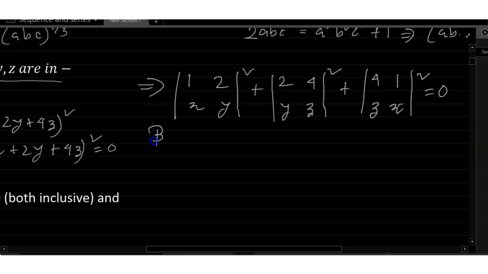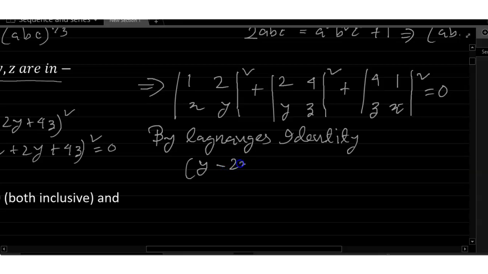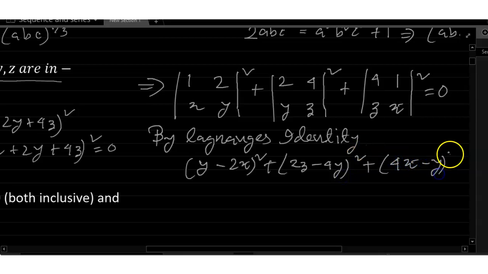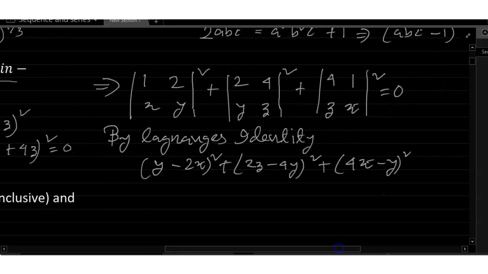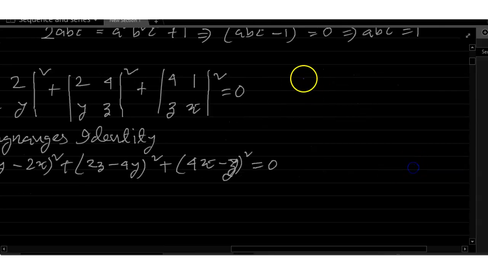So by Lagrange's identity, (y minus 2x) whole square plus (2z minus 4y) whole square plus (4x minus z) whole square. Sorry, it is not y, it is 4x minus z. The possibility is y equals 2x, 2z equals 4y, and 4x equals z.